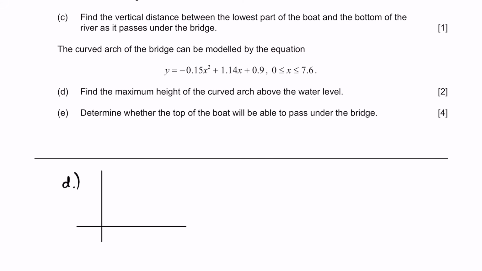Oops, can do a little better. There we go. Vertex occurs at this point of the vertex, 3.8 and 3.066. So what is the maximum height? H is equal to 3.07 meters, and that's to 3 sig figs.